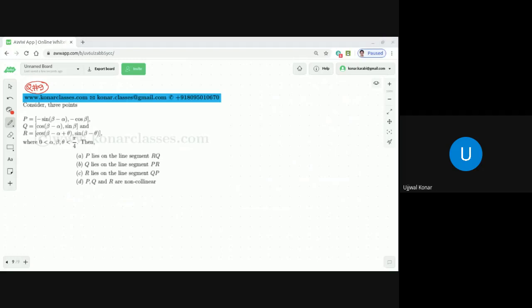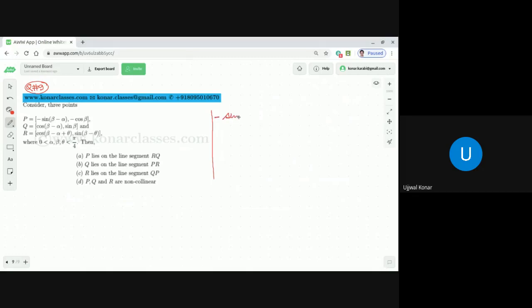Now for that, dear students, what we can do is find the value of the determinant. If the value of the determinant is not equal to 0, then we conclude that these 3 points are not collinear. So what is the value of the determinant?